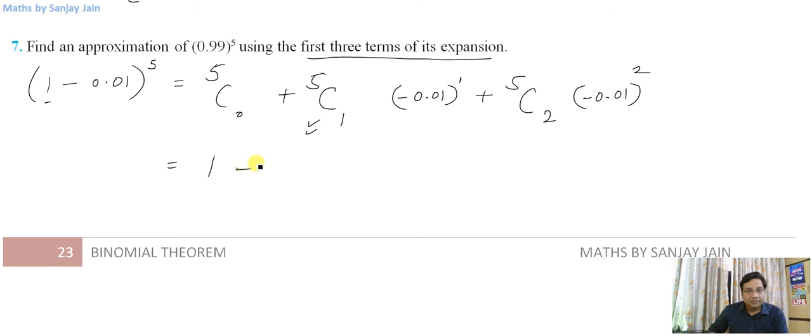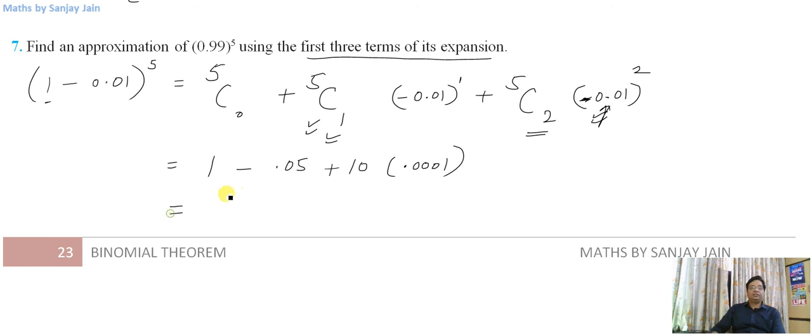So minus, this is 5 into 0.01, so it will be 0.05, and this is 5C2, which is 10, into the square of this, so this negative sign will be taken care of because it is a square, so it will become positive, and (0.01)^2, so if there are two decimals here, the square term will have 4 decimal places, 0.0001.